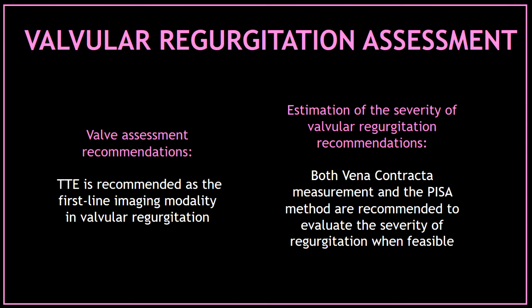For valve assessment, transthoracic echocardiography is recommended as the first-line imaging modality in valvular regurgitation. And both vena contracta measurement and the PISA method are recommended to evaluate the severity of regurgitation when feasible.